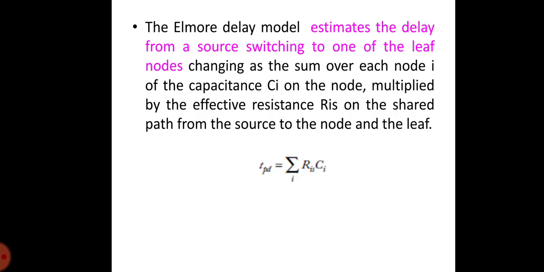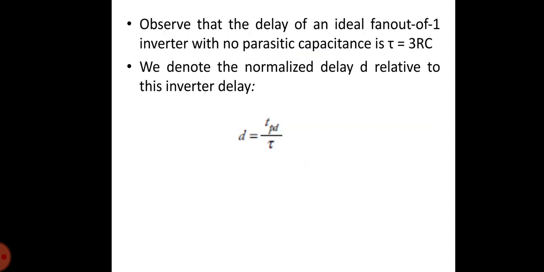So tpd is equal to sigma i Ri into Ci. You can observe that the delay of an ideal fan-out of one inverter with no parasitic capacitance is tau equal to 3RC. We denote the normalized delay d relative to this inverter delay as d equal to tpd divided by tau.